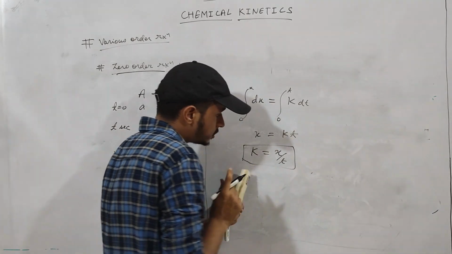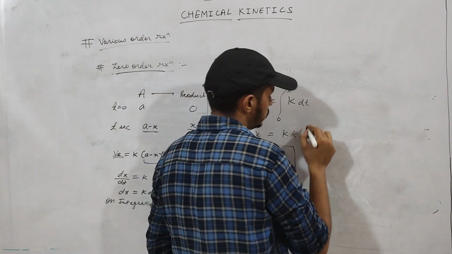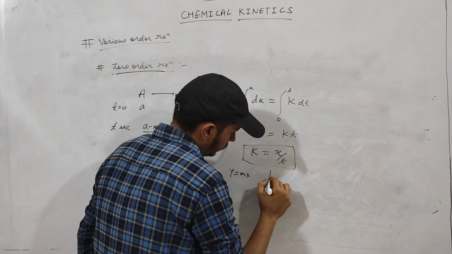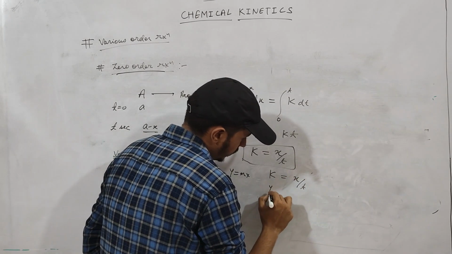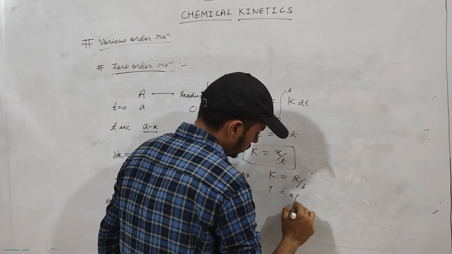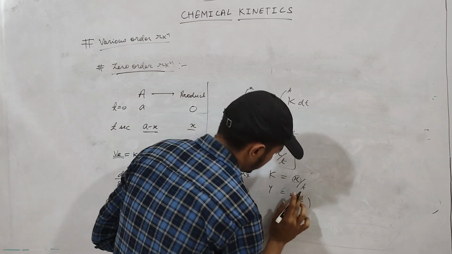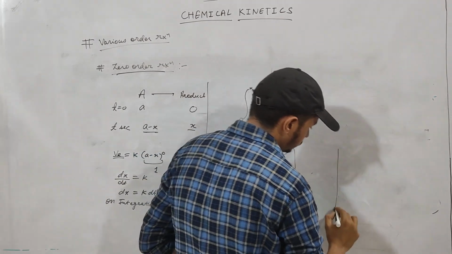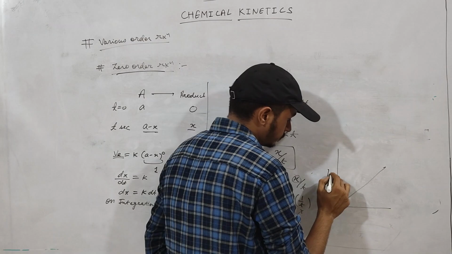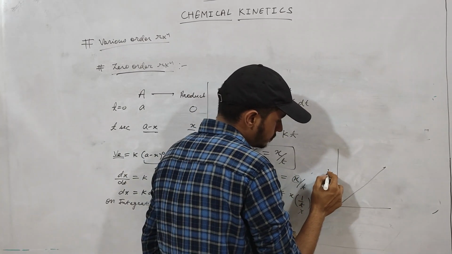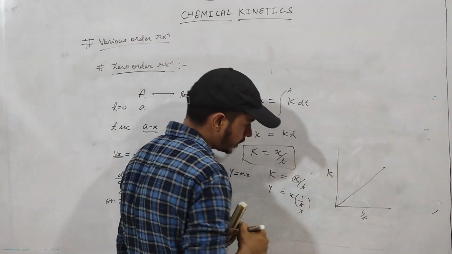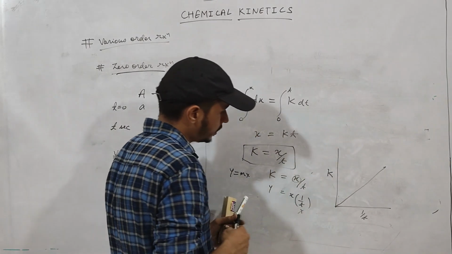So what will be the graph? It is a simple straight line equation, y equals mx. Here k equals x times 1 upon t, so y is k, x is 1 upon t, and the slope will be x.